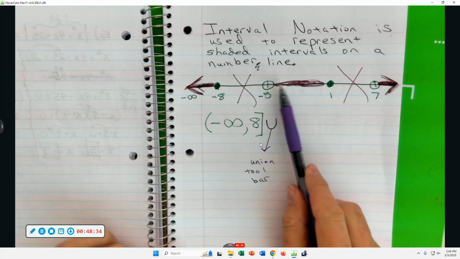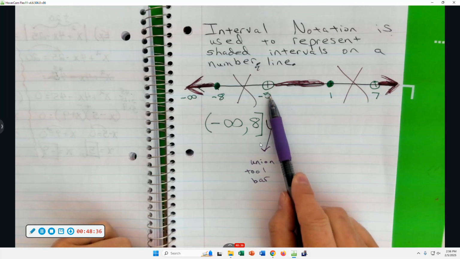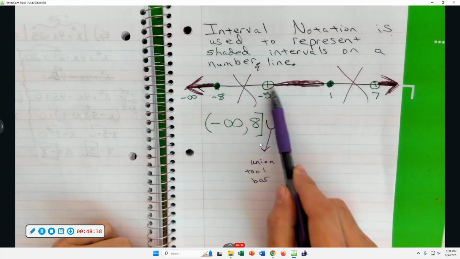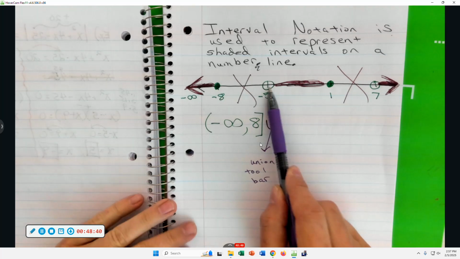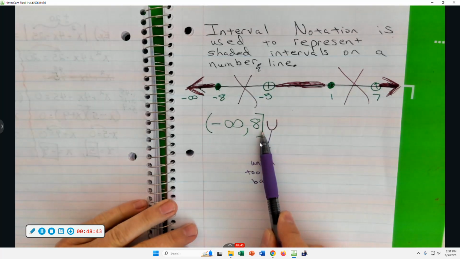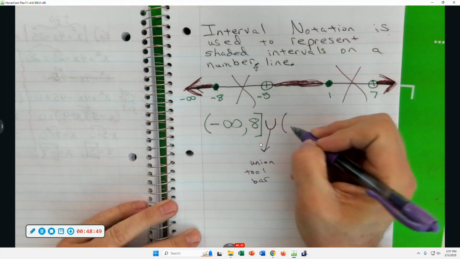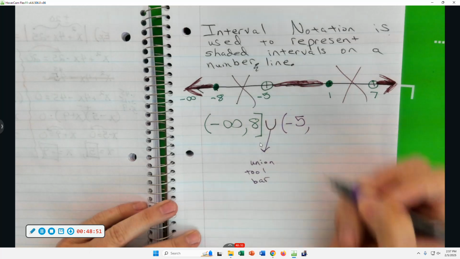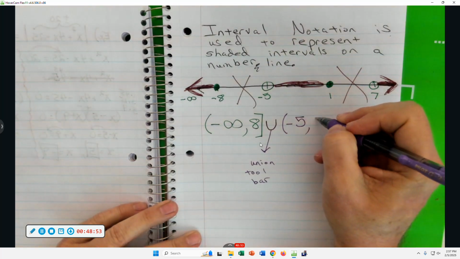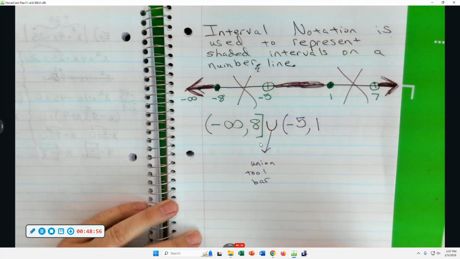We start here. The left-hand endpoint is negative 5, but it's not shaded. The only time you use a rectangular bracket is if the endpoint is shaded. It is not shaded, so we put another parenthesis. Negative 5, comma. The right-hand endpoint is a 1.